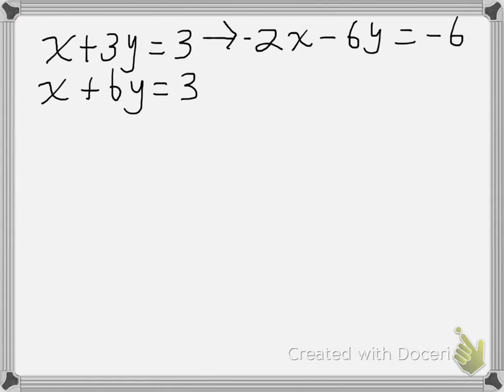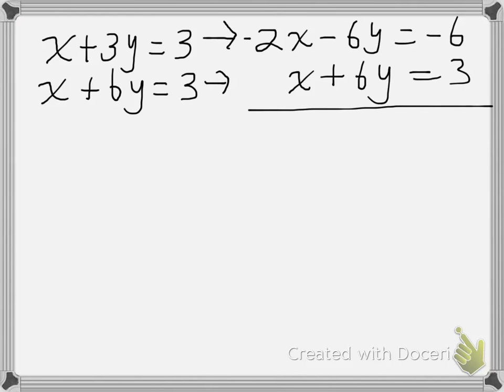So that's what we get if we multiply the first equation by negative 2. That second equation, we would just write the way it is, because changing it wouldn't help us. So now you could add up these two equations and the x's will cancel out. You can see that you have your opposite terms here, and these would cancel out.